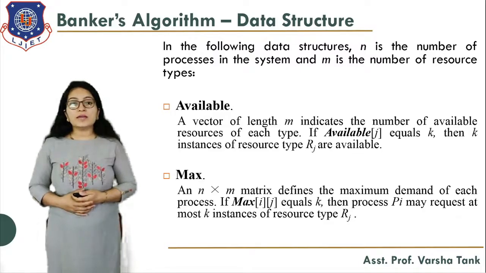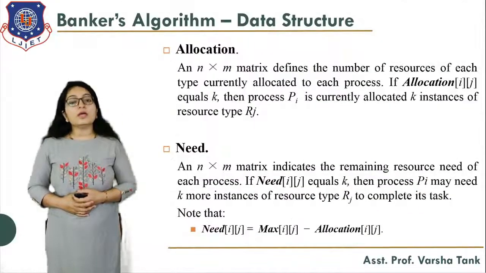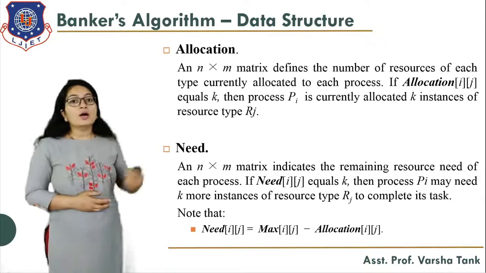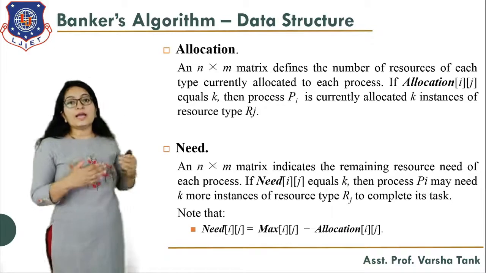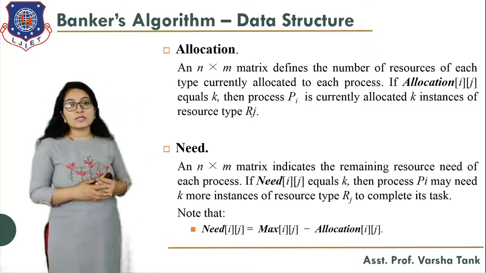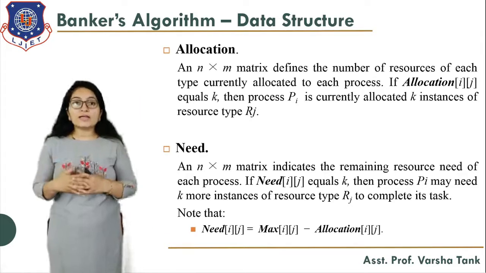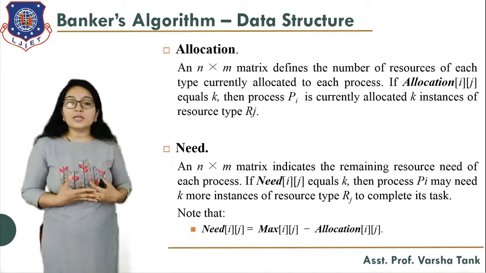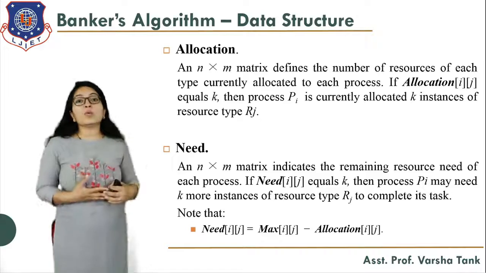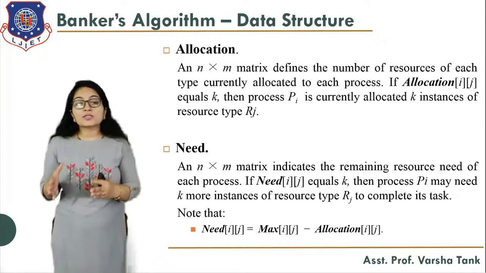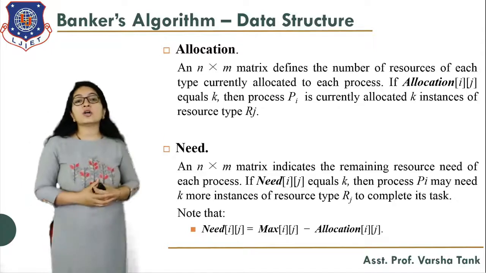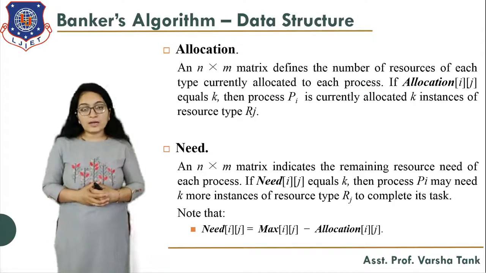Now let's see another data structure. Next is allocation and then need. What is allocation? An n cross m matrix defines the number of resources of each type that is currently allocated to each process. That means if allocation[i][j] equals k, then process Pi is currently allocated k instances of resource type Rj.